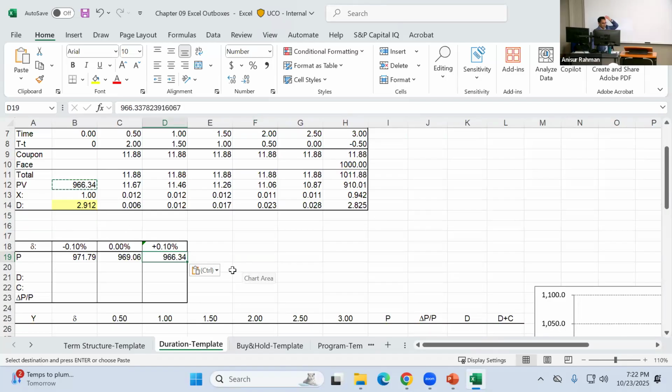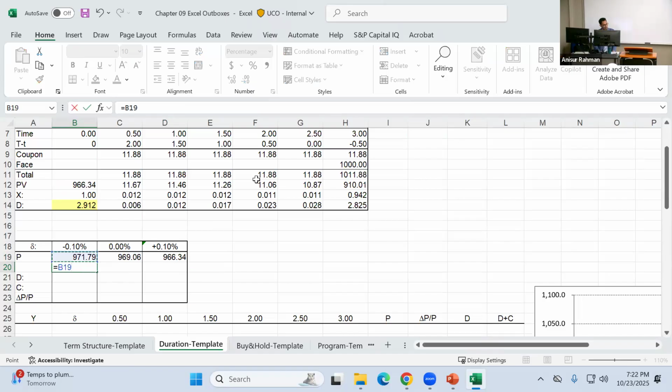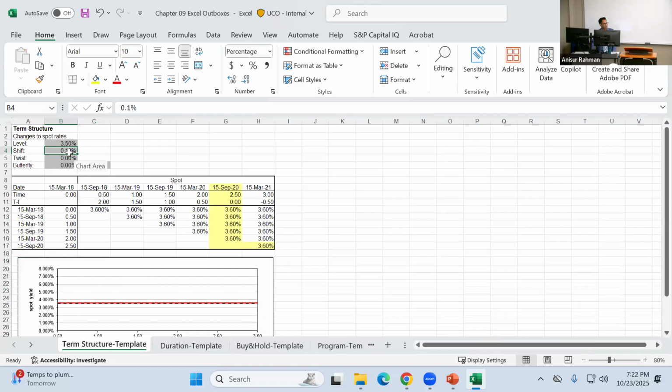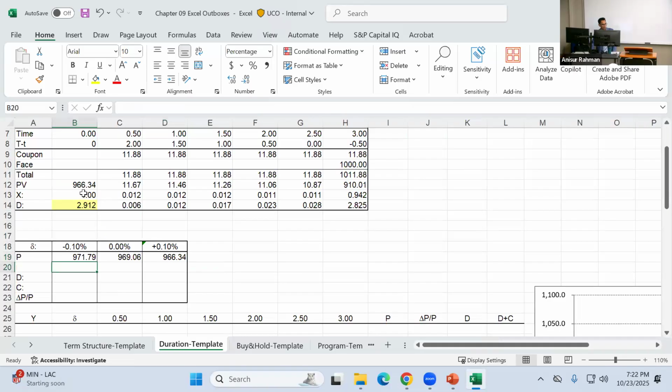Okay. Now, what we are going to do: we are going to calculate the actual price changes here and here, because these are our actual prices, right? So from the present value analysis, 966. You're getting different numbers? You have 0.1% here. 0.10%. Yes, that's right. And how much do you get here?